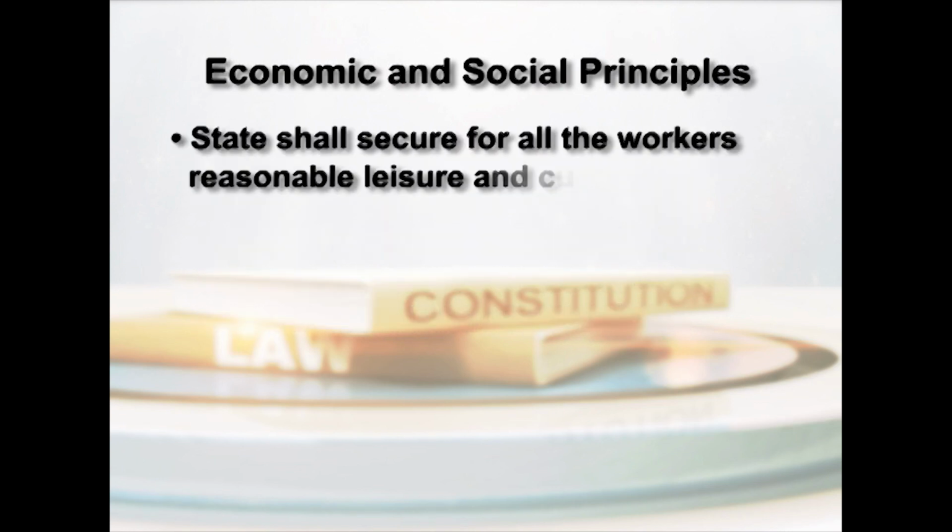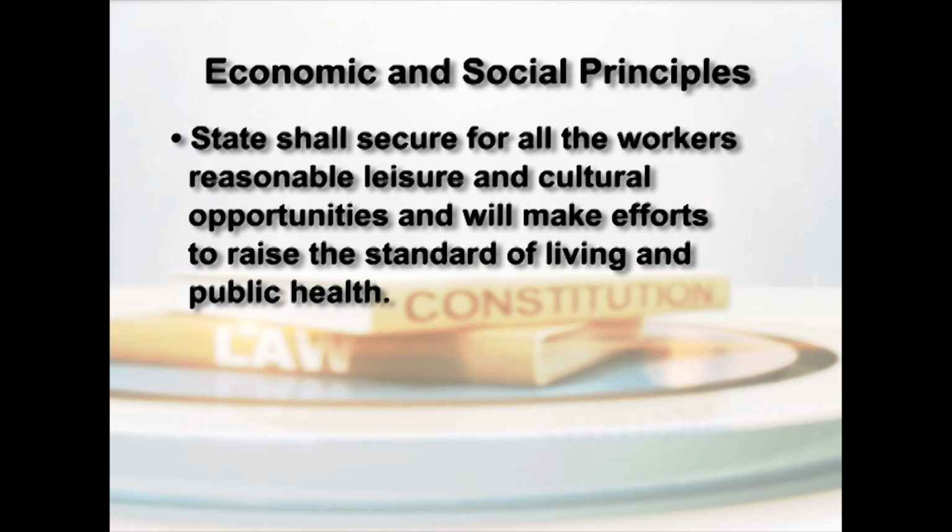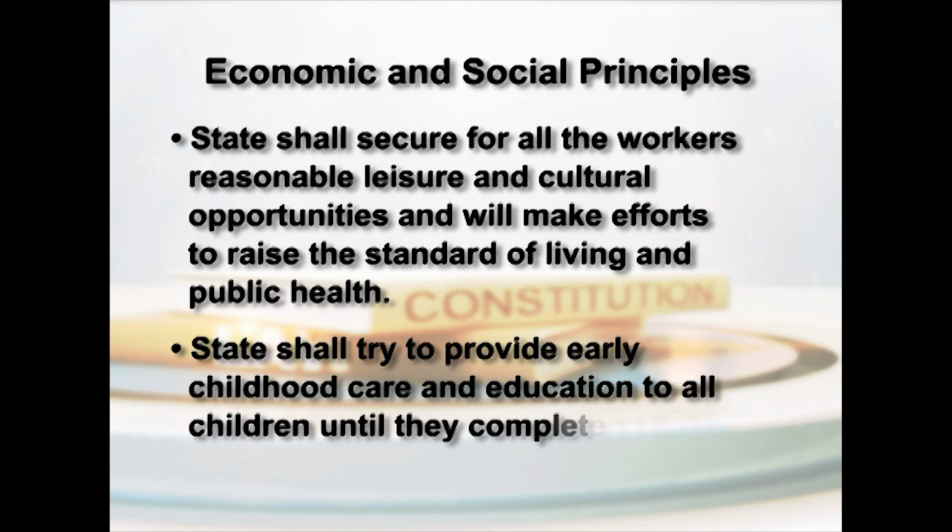The state shall secure for all the workers reasonable leisure and cultural opportunities and will make efforts to raise the standard of living and public health. The state shall try to provide early childhood care and education to all children until they complete the age of 6 years.